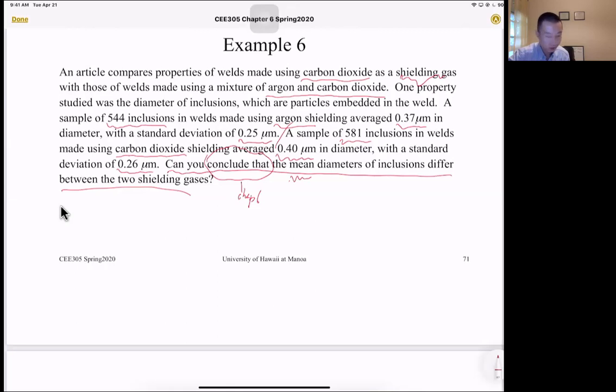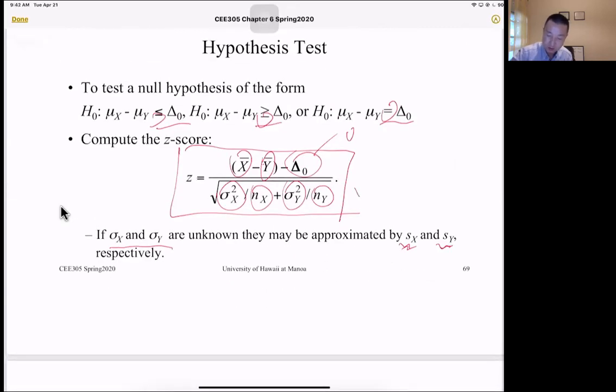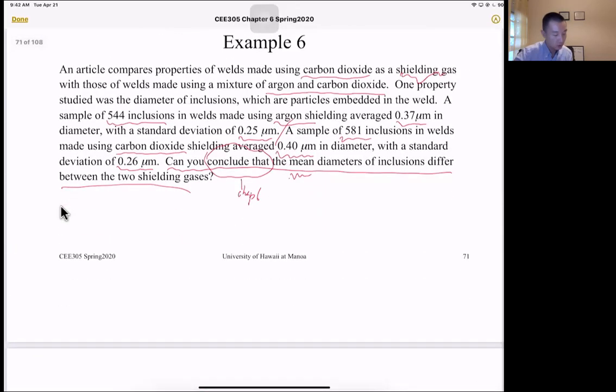So the equation we're going to use is in section 6.5. So we calculate the z-score like this. Again, whatever comes after the conclusion will be H1.